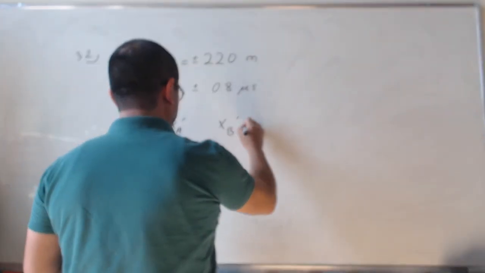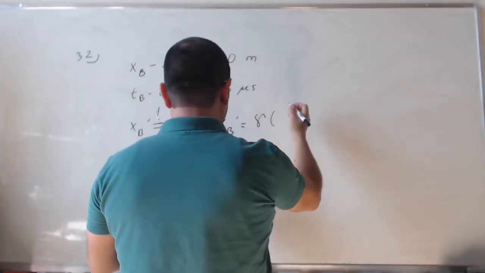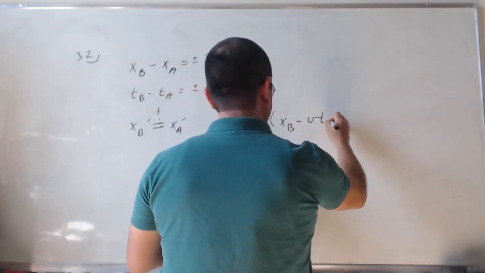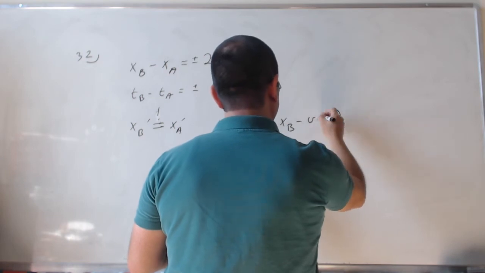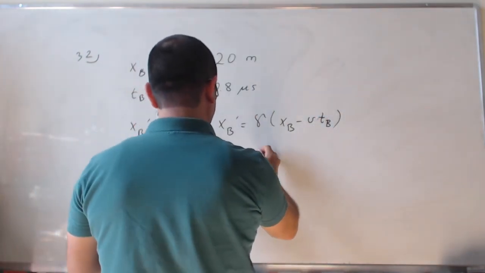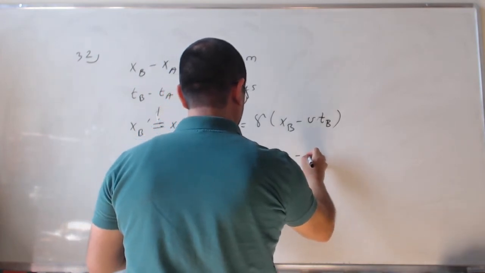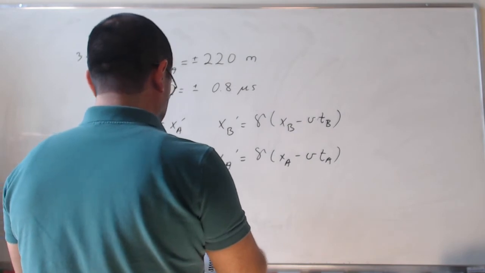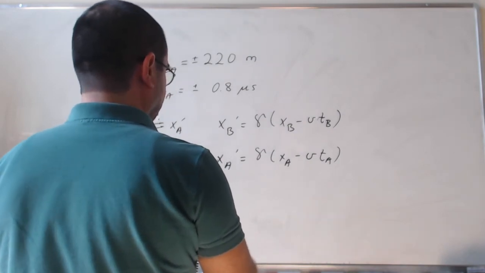So xb prime is going to be gamma, again this is from the book, times xb minus v tb, and xa prime is equal to gamma times xa minus v ta. Okay? So I want these to be equal to each other.